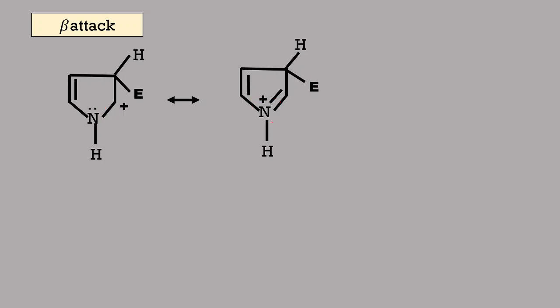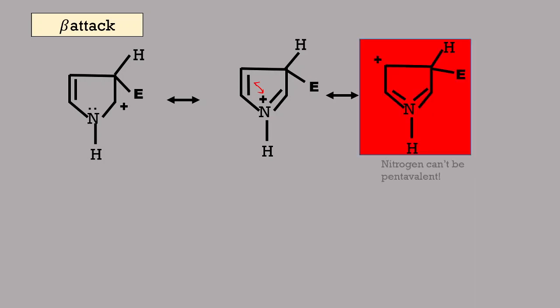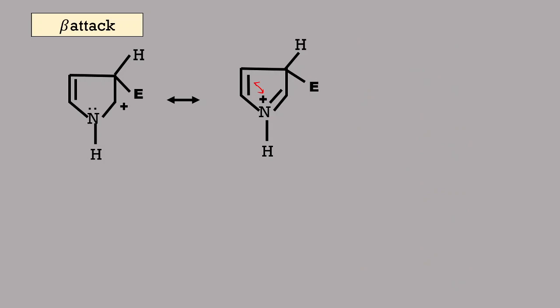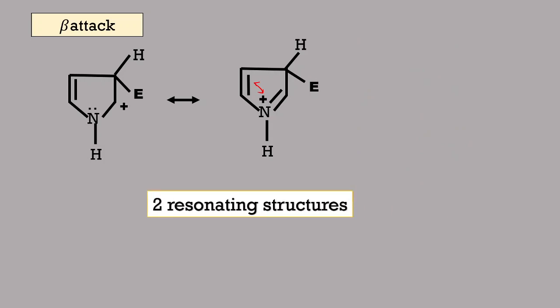So you can draw that resonating structure, but after that you cannot draw another resonating structure, because you might be thinking that these two might conjugate, but if you conjugate them, then you will get a pentavalent nitrogen, which is not possible. So let's remove that, and this time we have only 2 resonating structures.